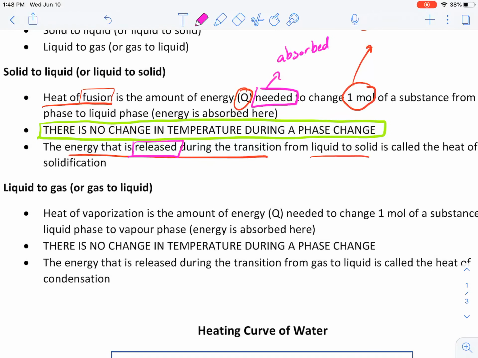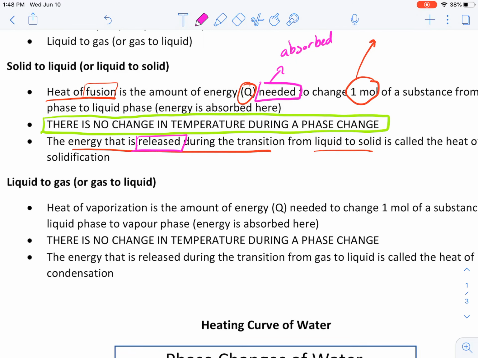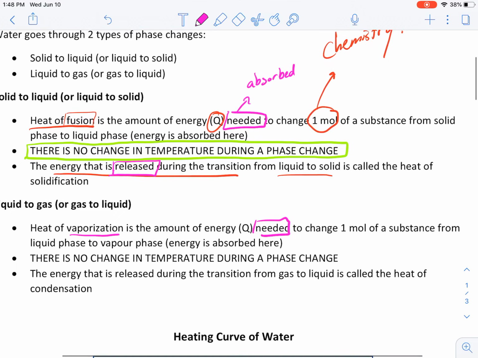Now let's look at the other way, from a liquid to a gas or from a gas to a liquid. Liquid to a gas is called heat of vaporization. It's the amount of energy, again, needed to change 1 mole of a substance from liquid to vapor. So again, energy is absorbed.